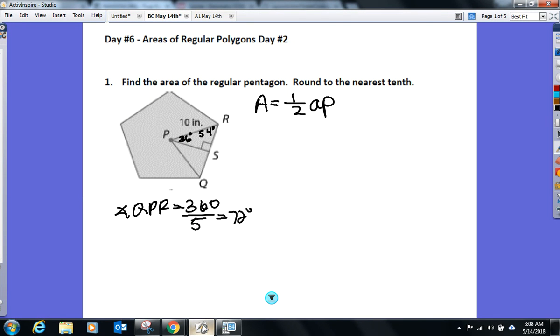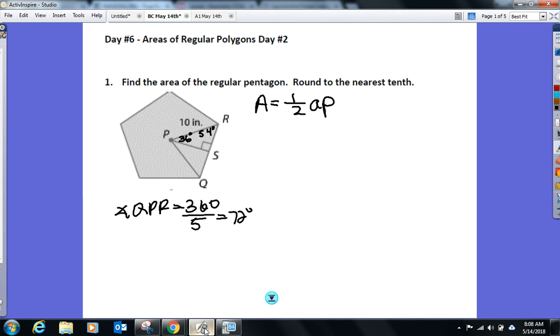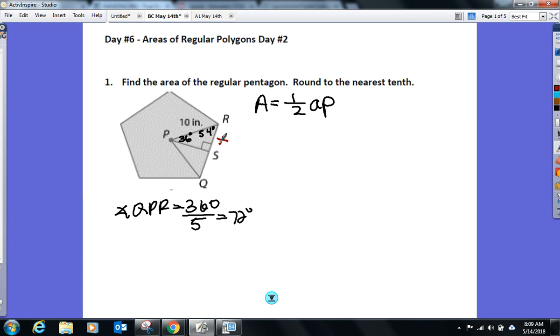All right, there's a lot of discussion out there, a lot of different ways to find the different sides. Let me just open it up to one group only. 7, you and your group, what did we end up doing? I did law of sines. Okay, what are you trying to find first so we can identify? RS. Okay, so RS, you can use the law of sines by doing what?